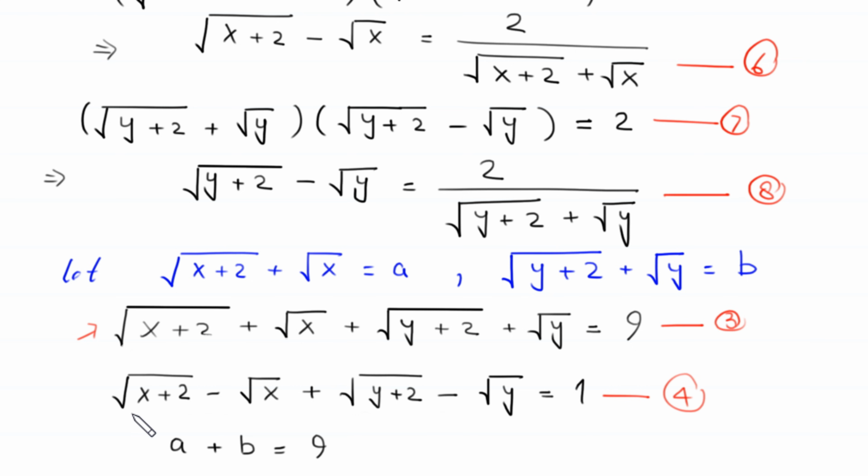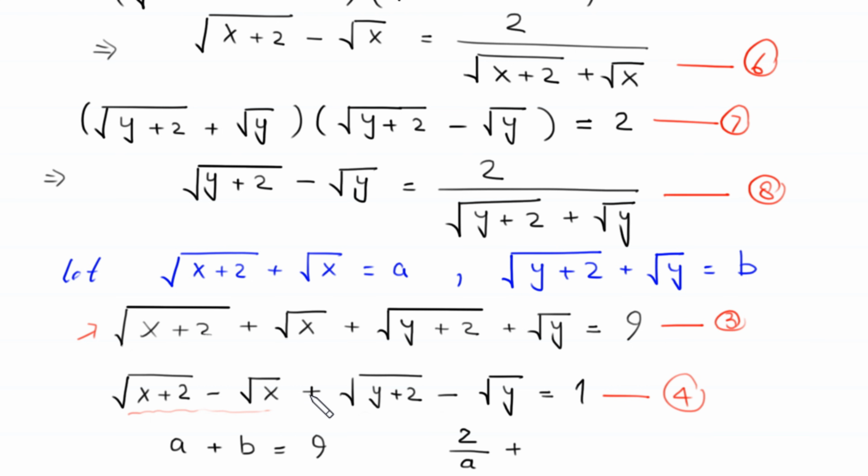And √(x+2) - √x is equal to 2 over √(x+2) + √x. So equation number 4 will become, in place of √(x+2) - √x, we write 2 over this expression, which is equal to a, so this will become 2/a.